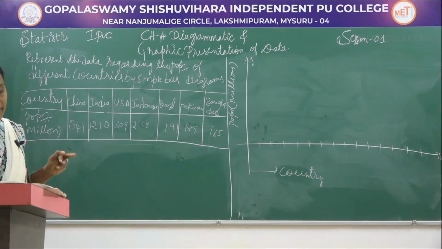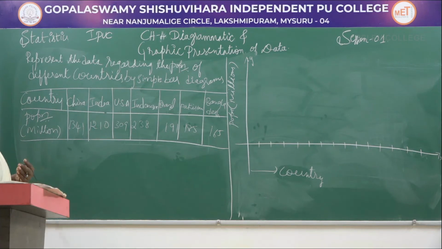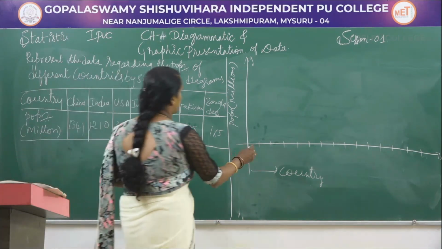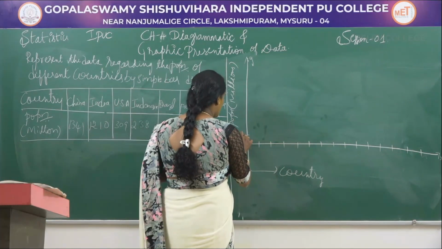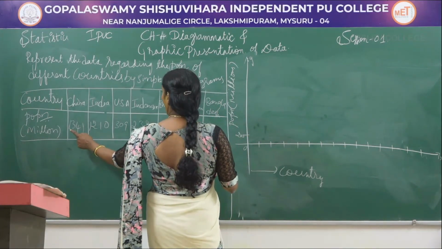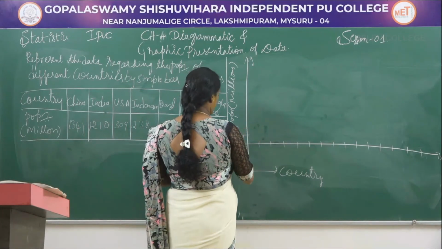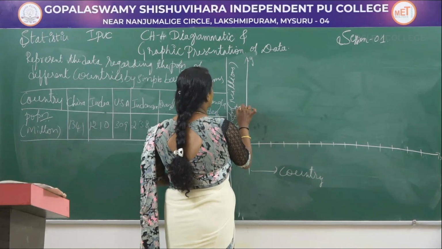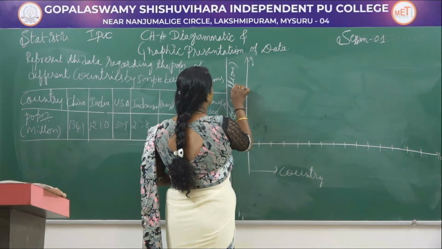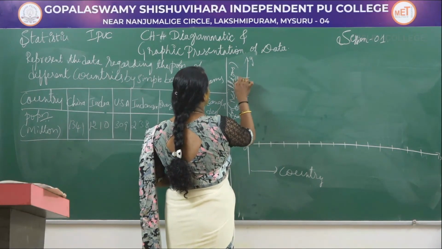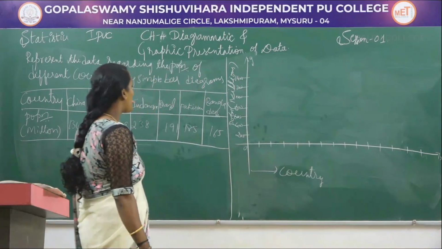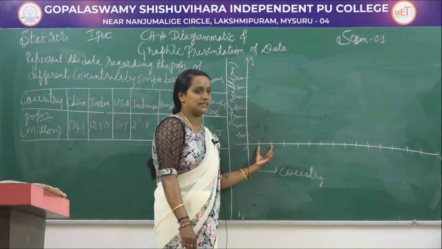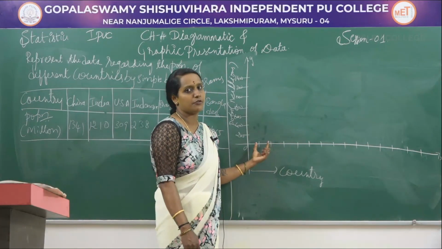So I'll take the population axis as 0, 200, 400, 600, 800, 1000, 1200, 1400. And for the countries, again I am telling you, one rectangular box we have to draw.